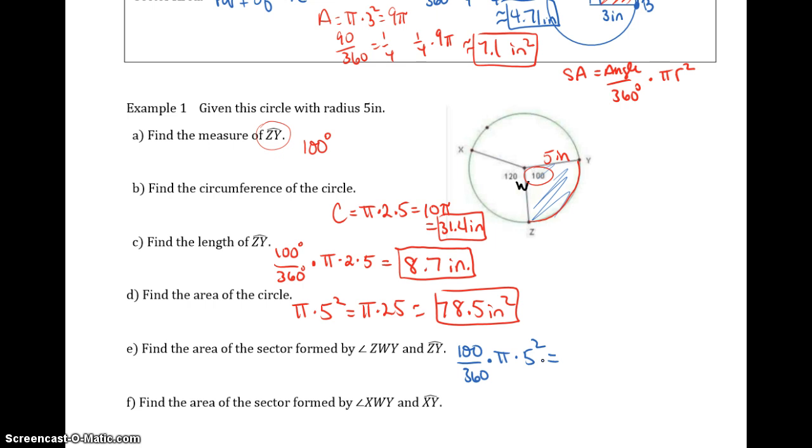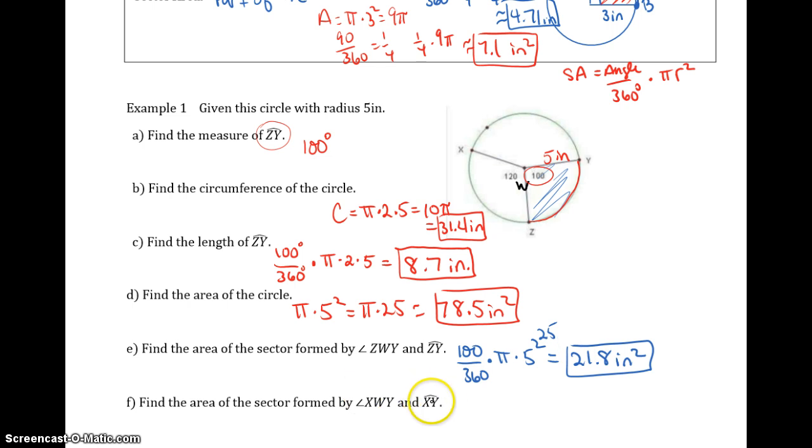We can type that in our calculator, 100 divided by 360 times 3.14 times 5 squared, let's just call that 25. We get about 21.8, and that would be inches squared.